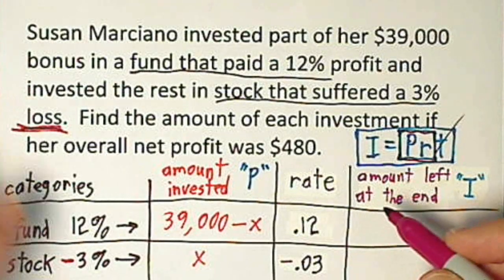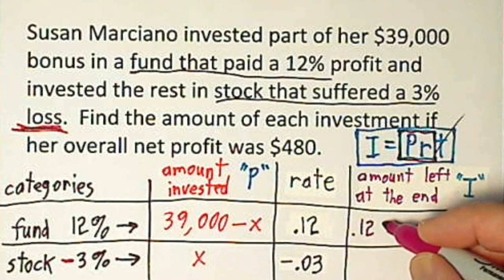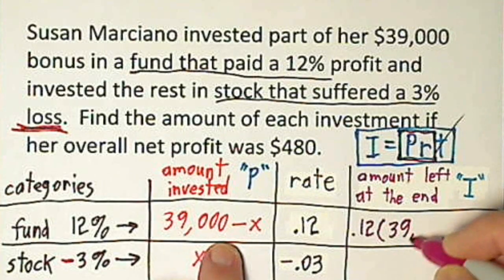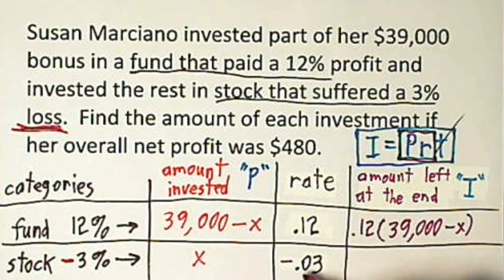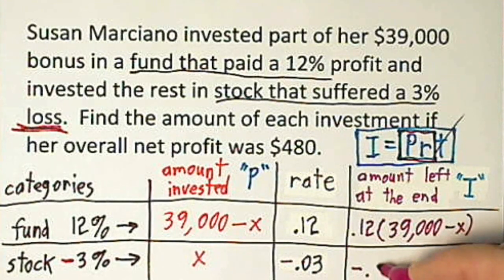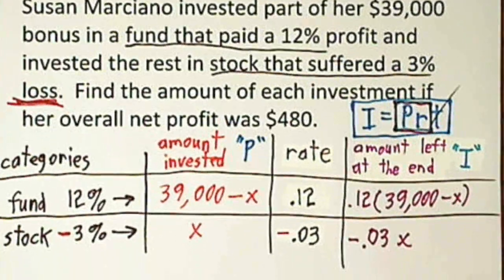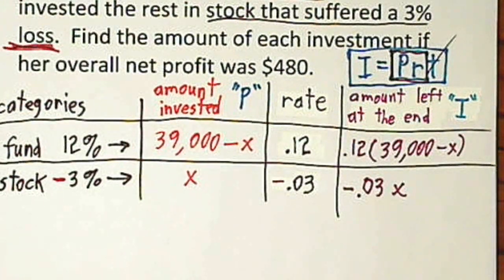Okay? So that would be 12 hundredths times the quantity 39,000 minus x. And then this one is going to be a negative 3 hundredths times x. Basically, we have what we need to write an algebraic equation now.